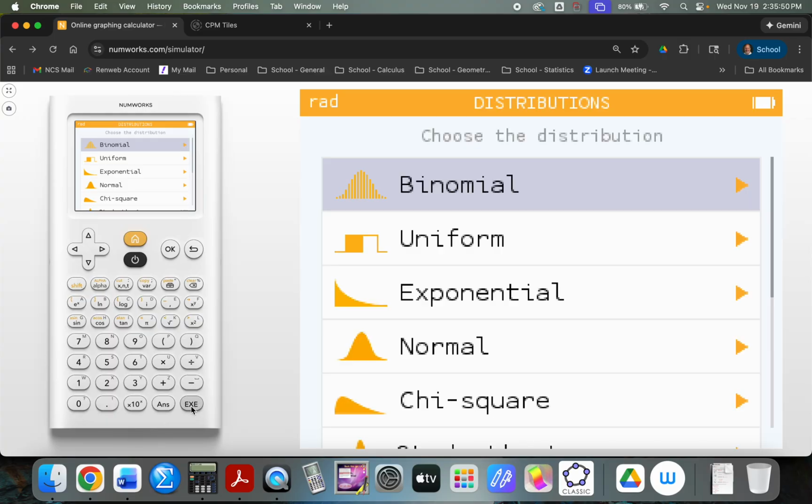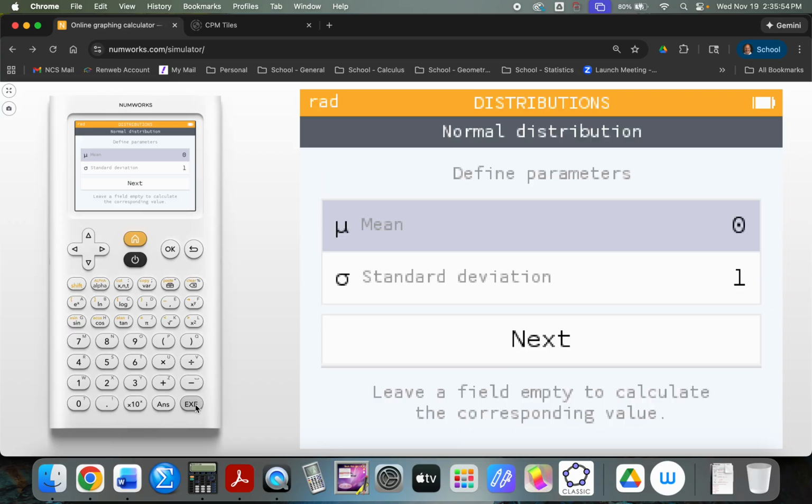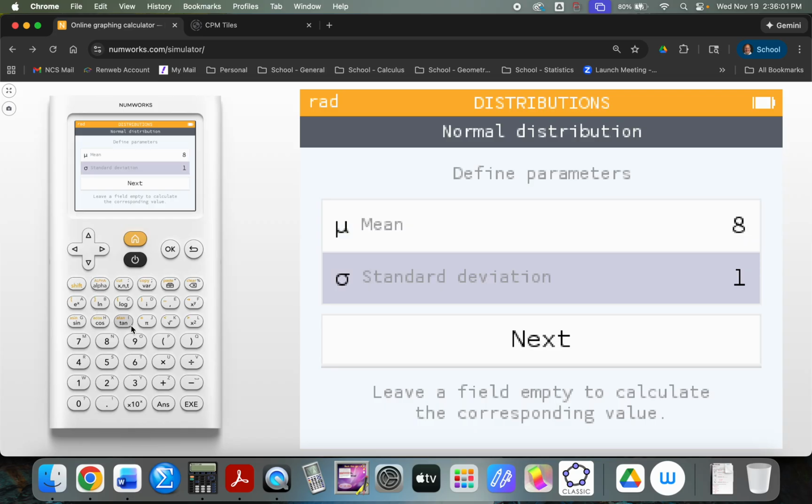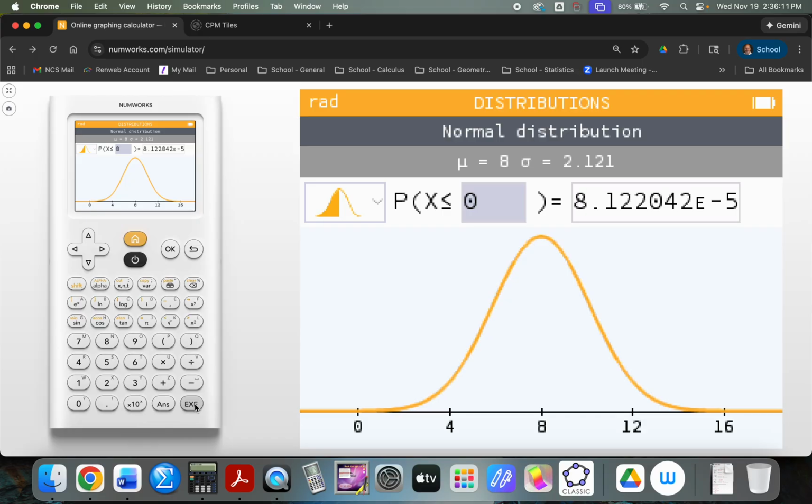I want a normal distribution where the mean is 8 and the standard deviation is the square root of 4.5. And I want, read the question, you will have to wait more than 10 minutes.